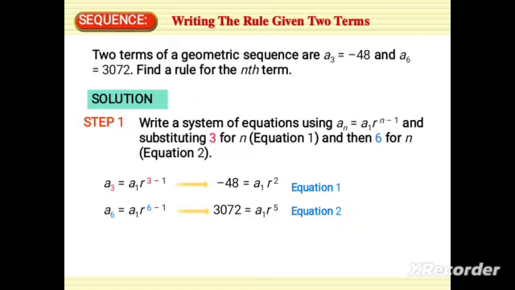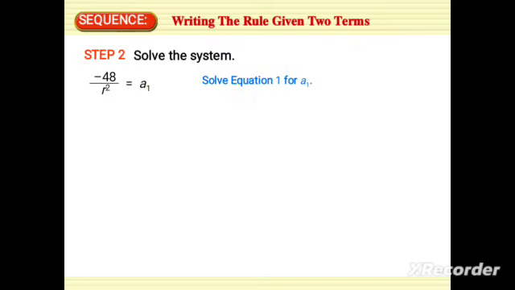So we can use substitution, where in the first one we make a the subject of the formula. So we have a is equal to -48 over r squared, and then in equation 2, we substitute the value of a from equation 1.